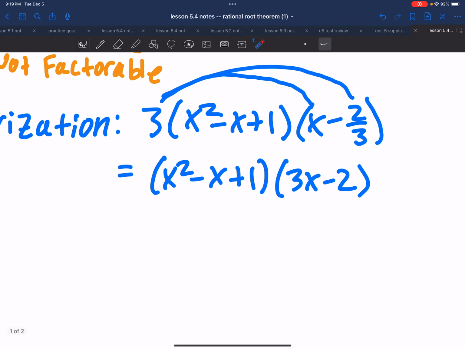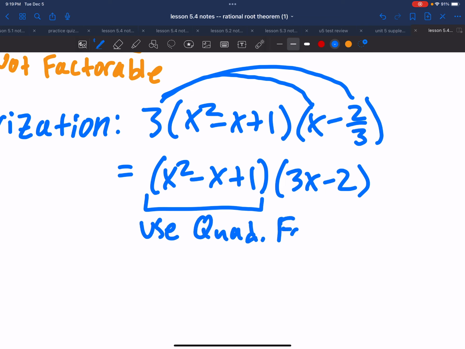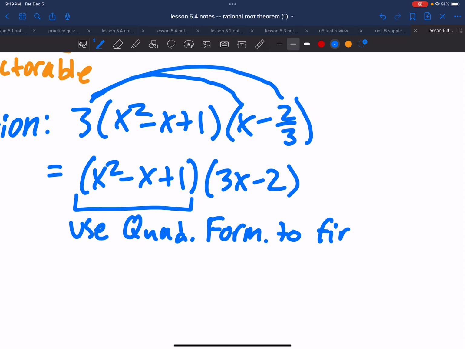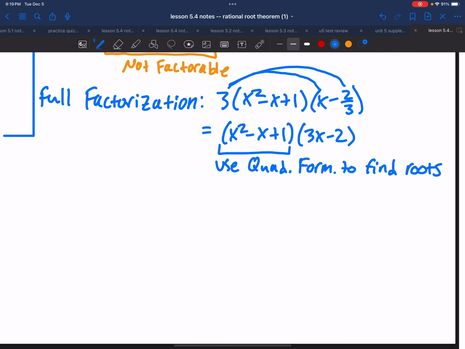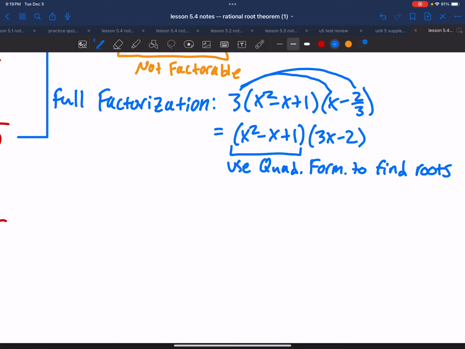but how do you find the roots? Because that's the goal. You need to find all roots. Use the quadratic formula to find the roots. So, because that's not factorable, right? There's nothing that multiplies to get positive 1 and adds to get negative 1.